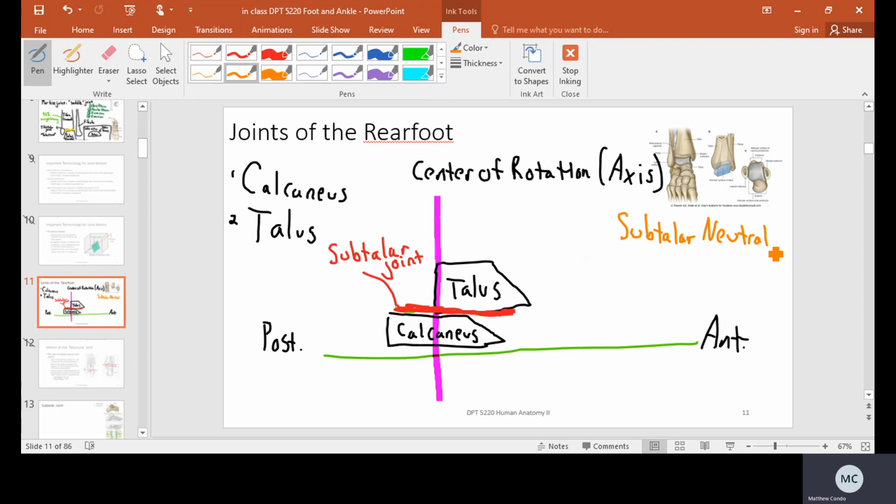Exactly, right? I'm testing in an environment that's not functional. And this is why orthotics sometimes have a very high failure rate, because as we've already talked about, when I bear weight, lots of moving parts, lots of things are happening.